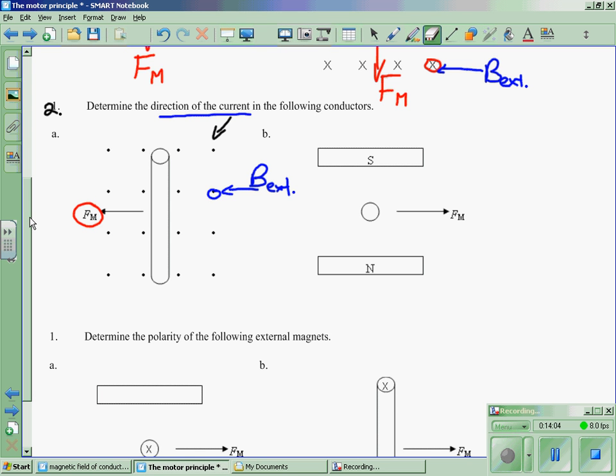The direction of the magnetic force is towards the left. So the palm of your right hand should be pointed towards the left. If you do this properly, with your open fingers towards you and your palm towards the left, you'll notice that your thumb is now pointing directly down.